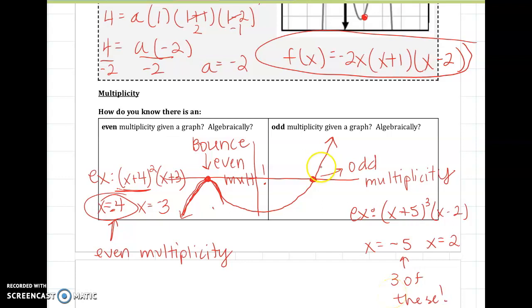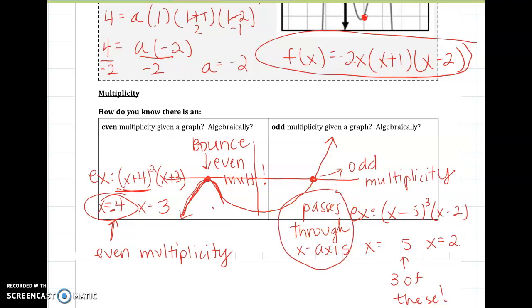So on a graph, I know this is not the correct location. However, I should have put, let me go ahead and make that change so it makes a little more sense for you. If I had x minus 5 cubed, that would give me a +5. So therefore, it would actually cross through the graph. Okay, so it passes through the x-axis.